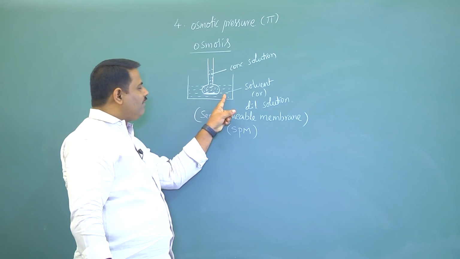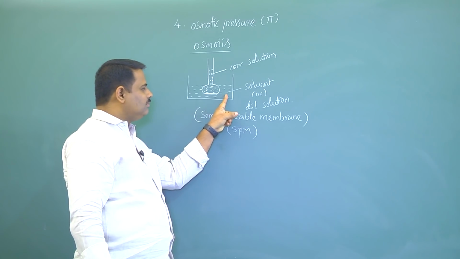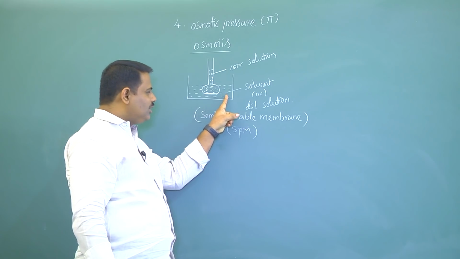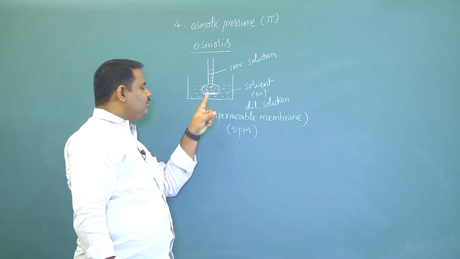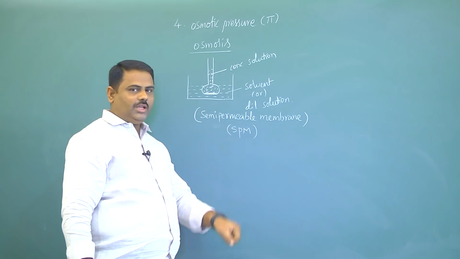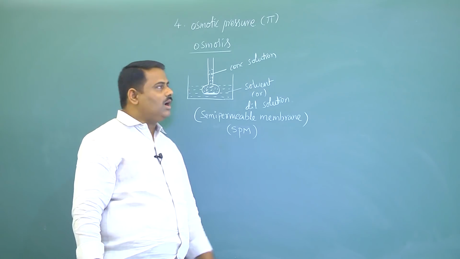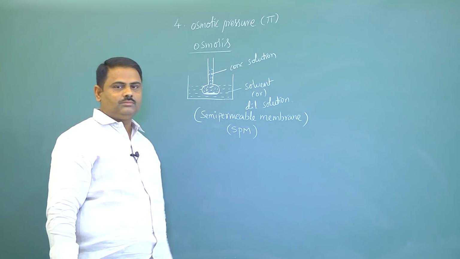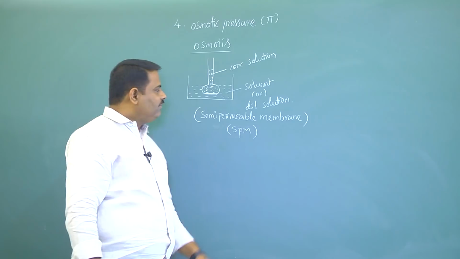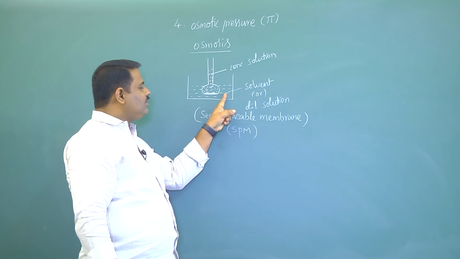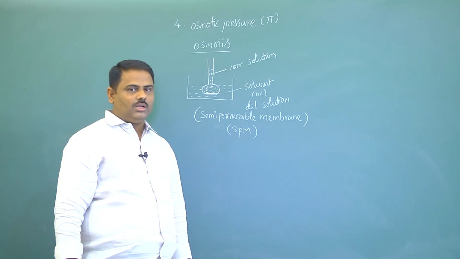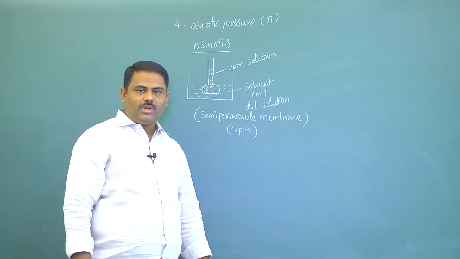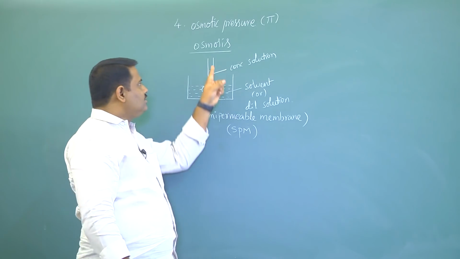The flow of solvent from dilute solution to concentrated solution through semi-permeable membrane is called osmosis. I will repeat. The flow of solvent molecules from dilute solution to concentrated solution through semi-permeable membrane is called osmosis.